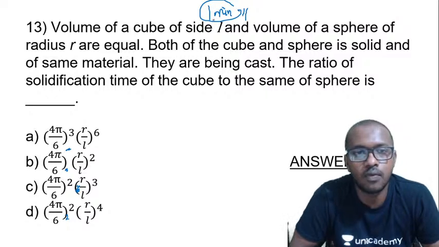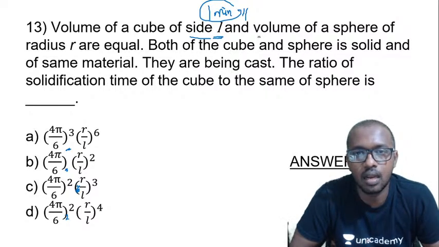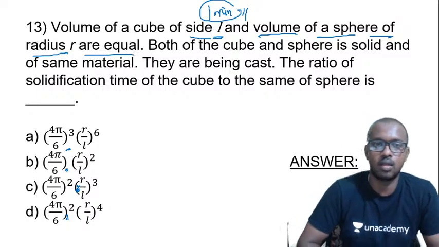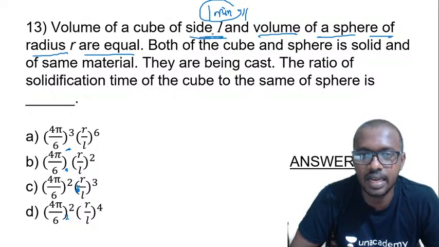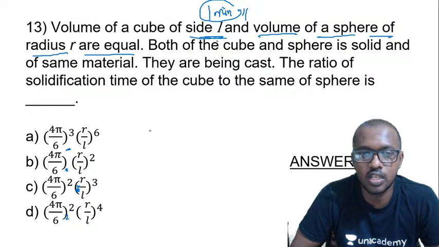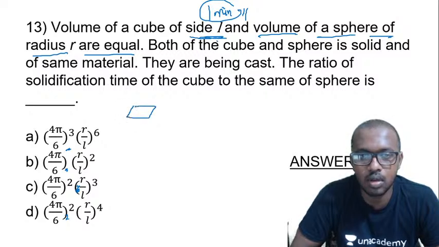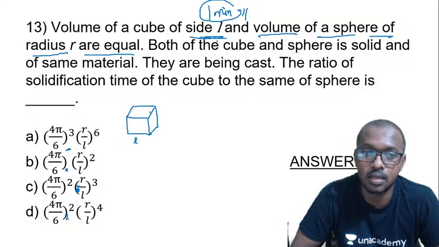The volume of a cube of side L and the volume of a sphere of radius R are equal. Immediately draw a diagram, a cube. You may confuse it with a cuboid when you answer it.